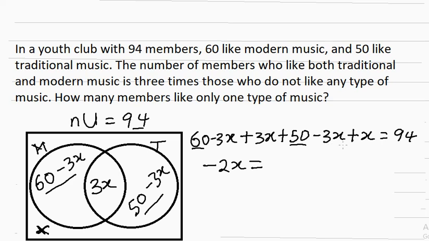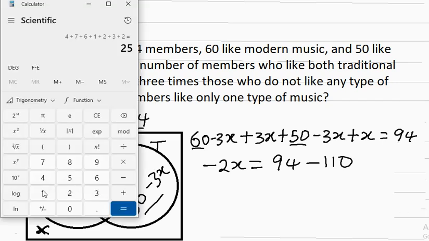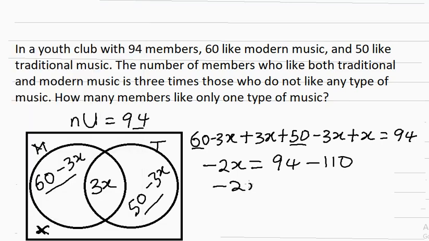So this is going to be 94 minus 110, which is minus 16. So minus 2x is equal to minus 16. Minus cancels minus, since both sides are negative. So x is going to be 16 over 2, which is 8.